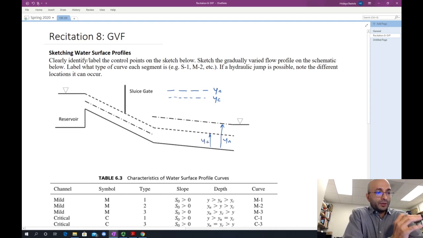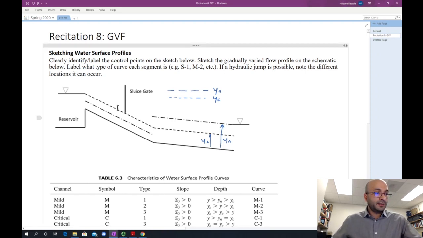The other way you can always identify which one is your critical depth is by following the line across where the change in slope occurs.